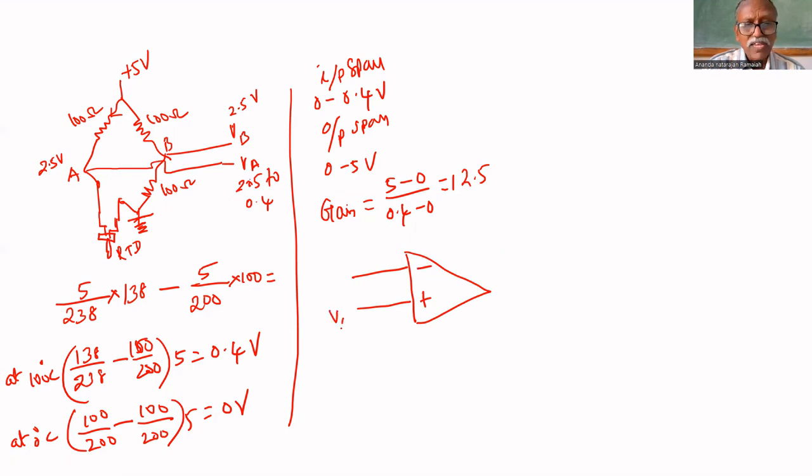That's why VA should be connected here and VB should be connected here. Even though it is a differential amplifier, to get the positive output, higher voltage must be given to the positive terminal. So it is a differential amplifier. Let us assume that the feedback resistance is 12.5 kilo ohm and the input resistance is 1 kilo ohm.